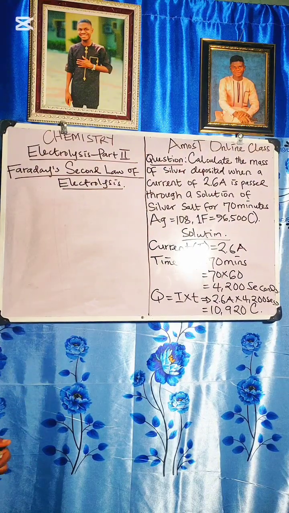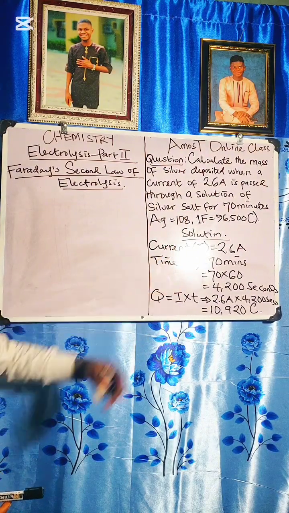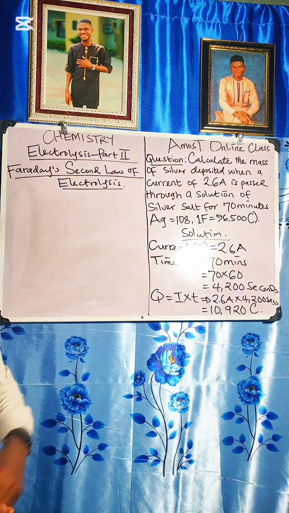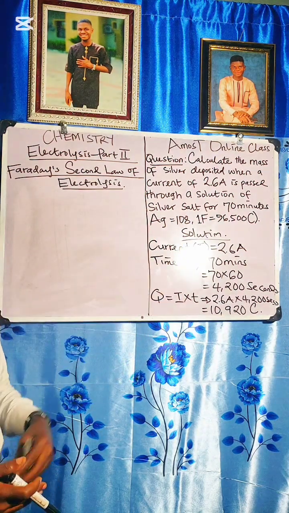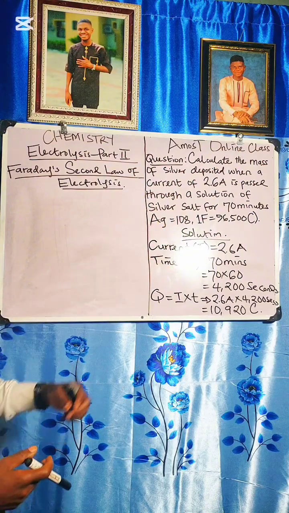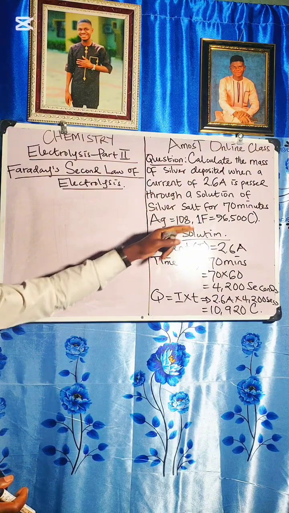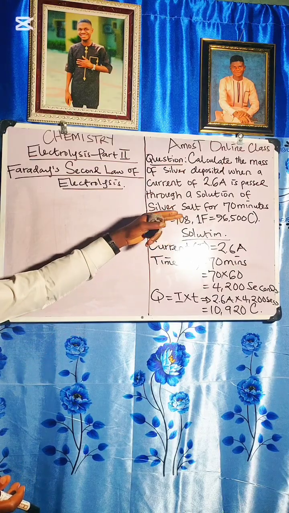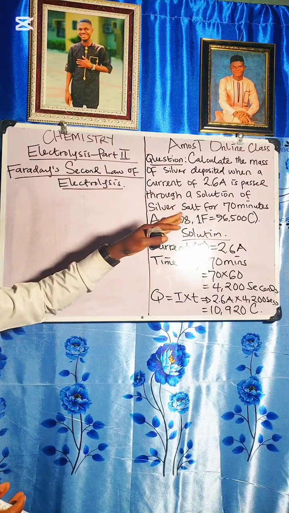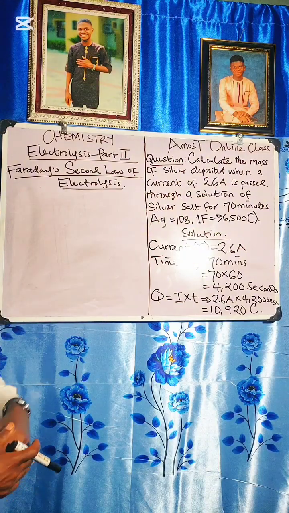Now what next are we going to do? The next thing is to write the cathodic half reaction for this kind of question. We're dealing with silver salt.